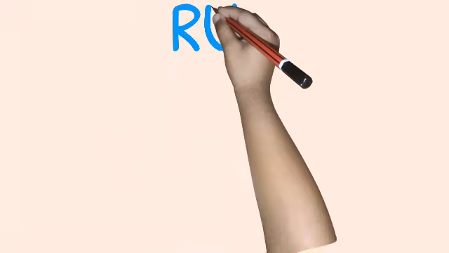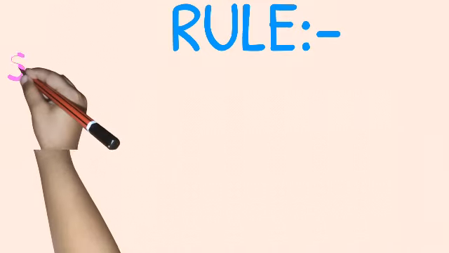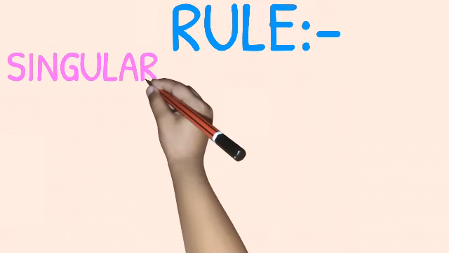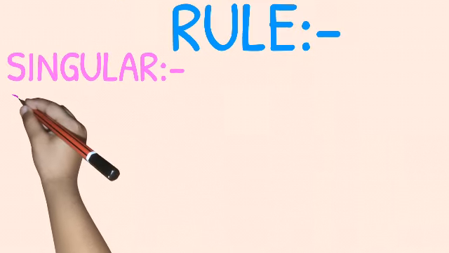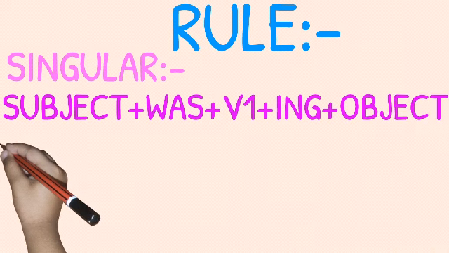So now let us look at the rule for it. Firstly, we will look at the rule for singular, that is subject plus was plus V1 plus ing plus object. In the present it was is, but in the past it is was. Example, he was playing in the park.